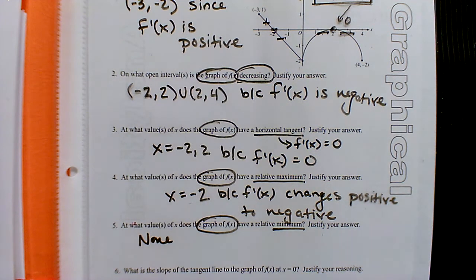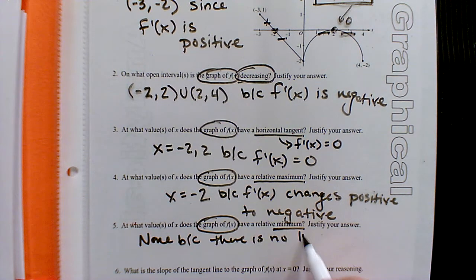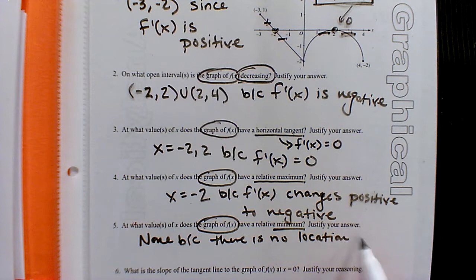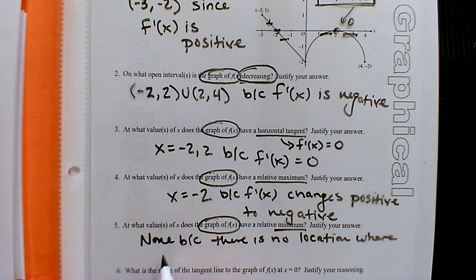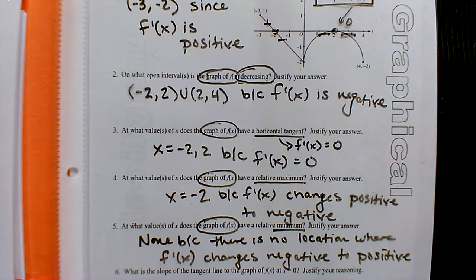So we'll say none because there is no location where the derivative, f prime, changes from negative to positive. Okay? So this is what's a little weird about this location here at 2.